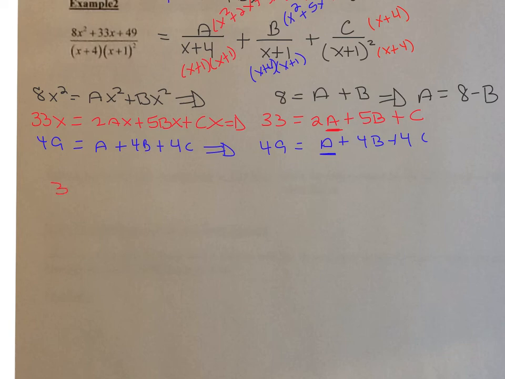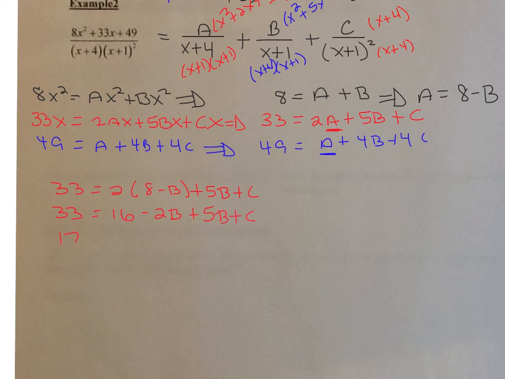So I have 33 equals 2 times (8 − B) plus 5B plus C. So it's 33 = 16 − 2B + 5B + C. I'm going to minus 16 from both sides.